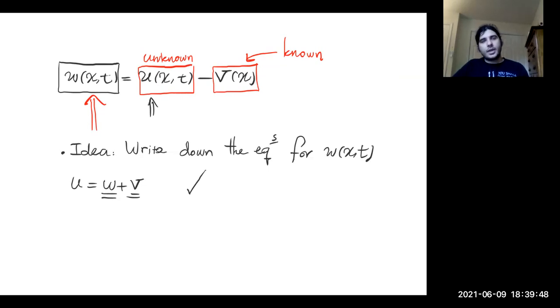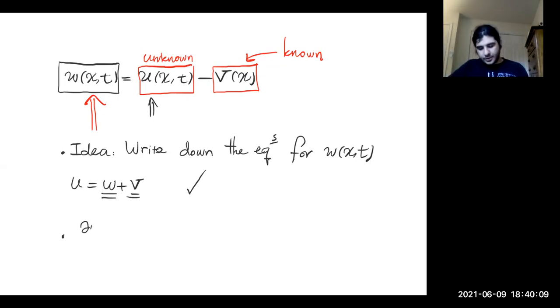Okay. Now, there are just a few simple computations when we want to go from one equation to the other one. So let's see what are the equations for this other function w. So let's take the derivative with respect to x from these equations.